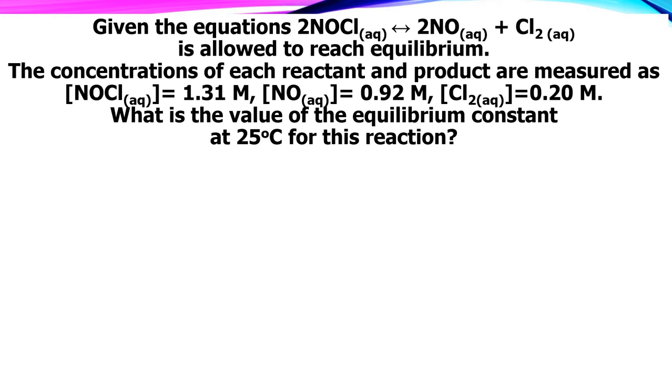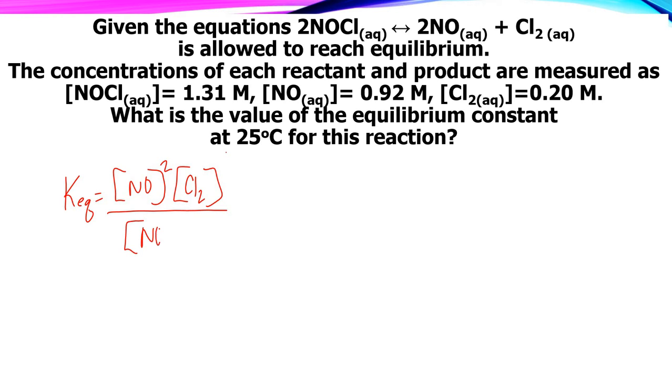So the first thing you want to do is take your equation and write your K expression. K equals the products, concentration of NO squared times the concentration of Cl2, no exponent, divided by concentration of NOCl squared. So first you write the equilibrium expression, then plug in.